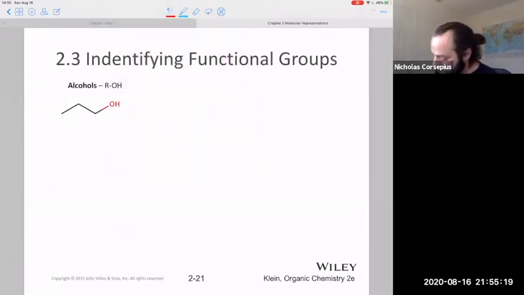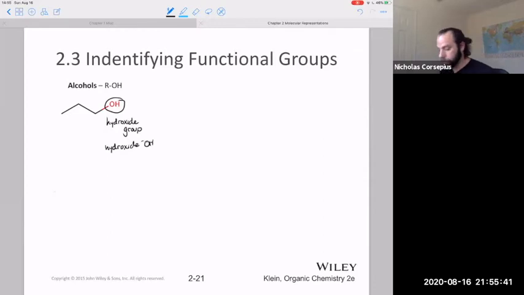Like we said, alcohol is the OH group. This is also called a hydroxide group. Hydroxide, remember, is OH minus, so that's a hydroxide ion.